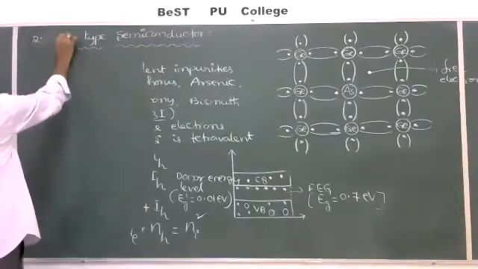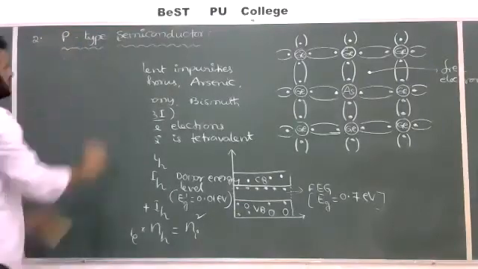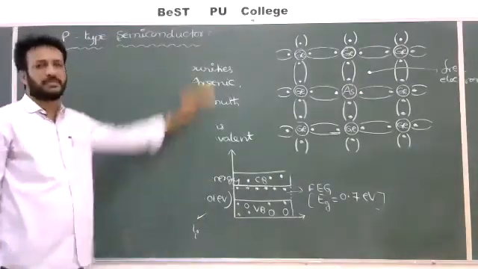Second extrinsic semiconductor, which is called P-type semiconductor. Here P-type indicates a positive type.